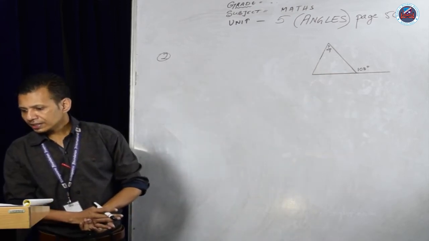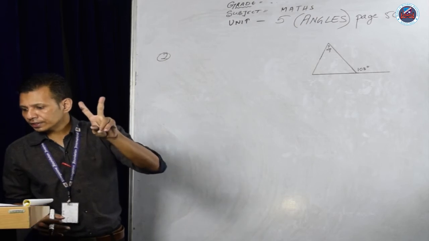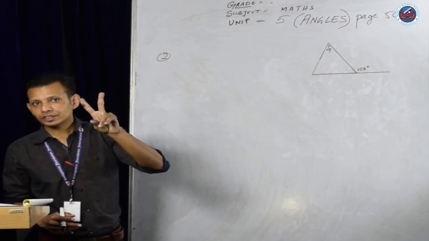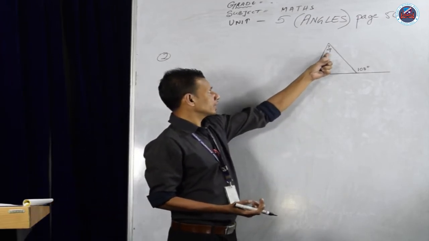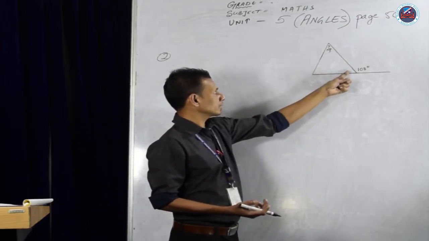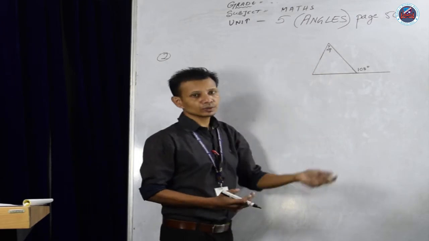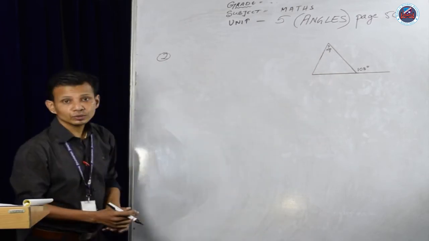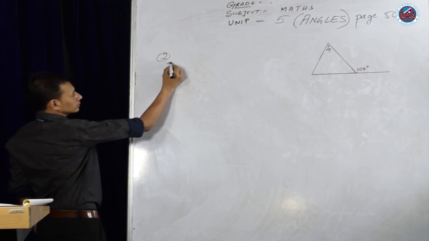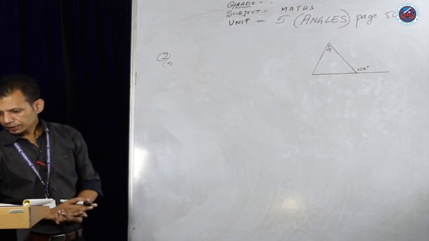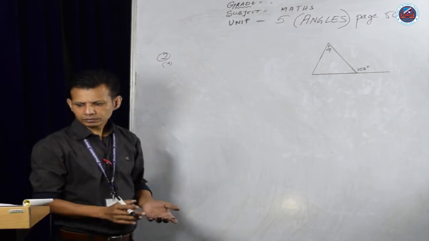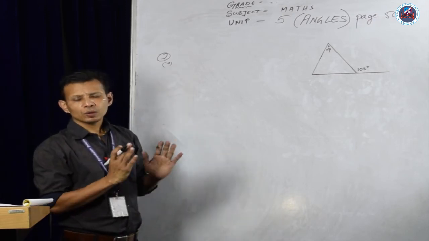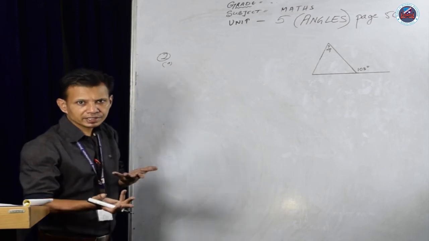A. Work out the size of the other two interior angles of the triangle. Interior angle, we have 3 angles. One is given. Find out the other 2 angles. That's it. Let's do it. A. Here the triangle says, whatever is given in the question, first mention it.